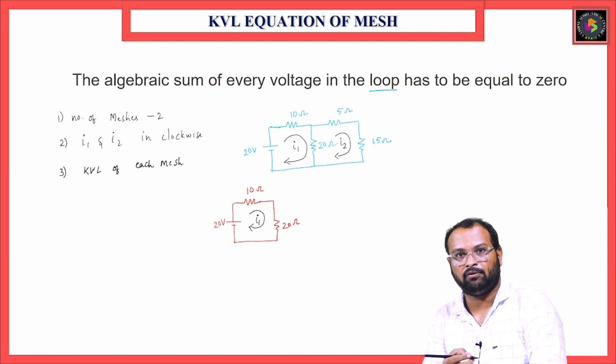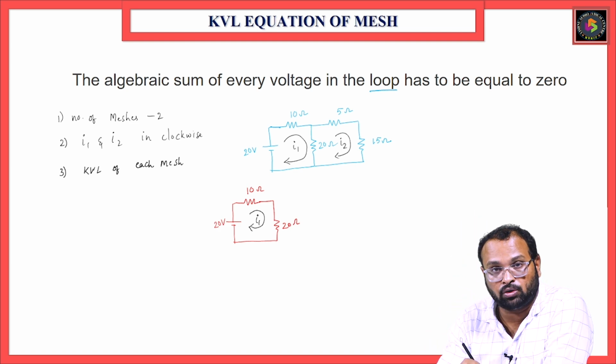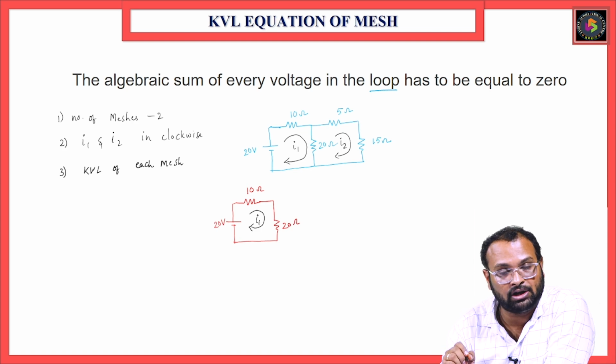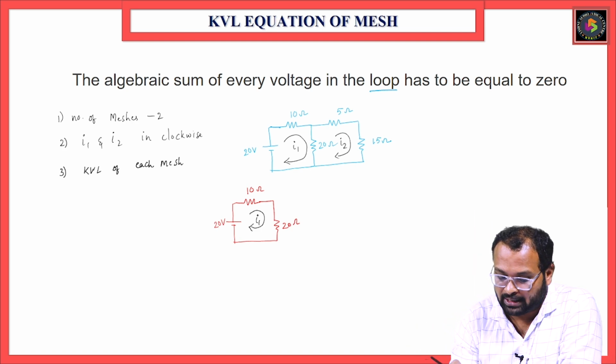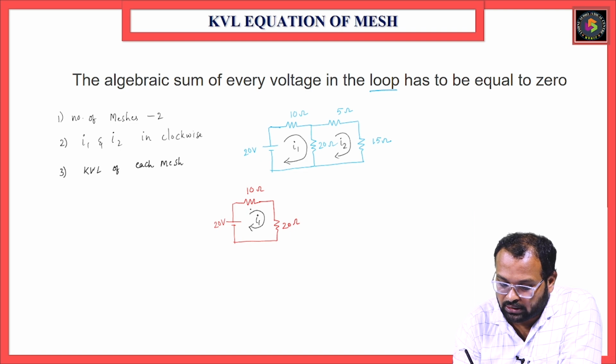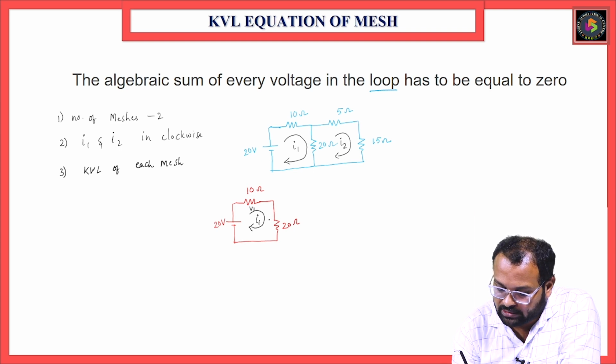So we'll go one by one. First you have to know the voltage across each element, then only you can write the KVL equation, because the algebraic sum of the voltages is equal to 0. So I will consider the voltage across 10 ohms is V1, and voltage across 20 ohms is V2. Is that okay?